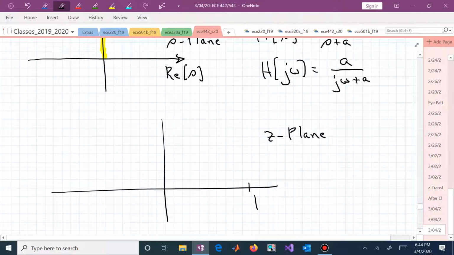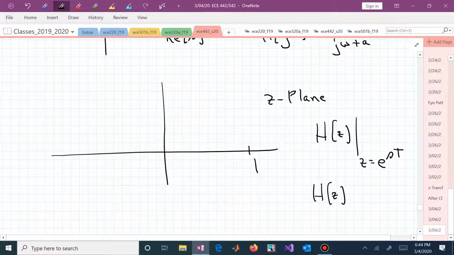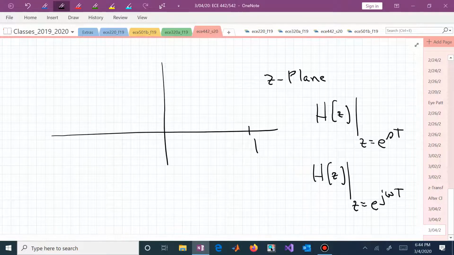We have H of z, and we want to replace z with e to the sT, but in fact we replace s with j omega. We're now evaluating this transfer function. We're replacing z with e to the j omega T.